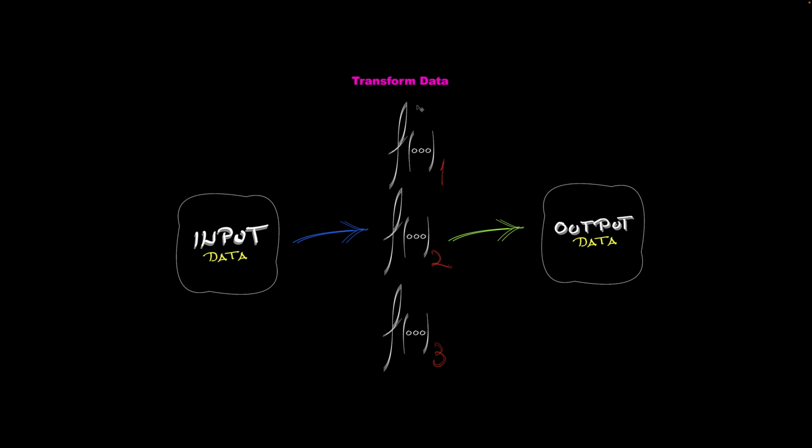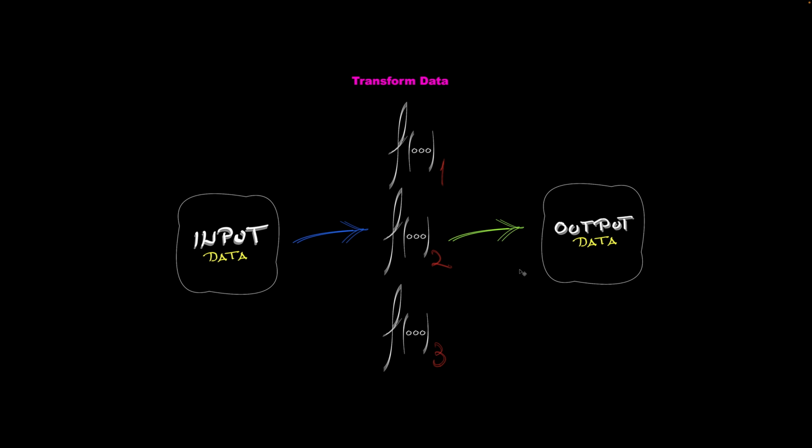So you're going to transform with function 1, then you're going to transform that data with function 2 and then with function 3 and so on as you define it. Lastly, once everything is done, you're going to be left with the output data, and depending on what you want to do, you can either insert this data into the database or simply retrieve and send this data back to the user through your API.